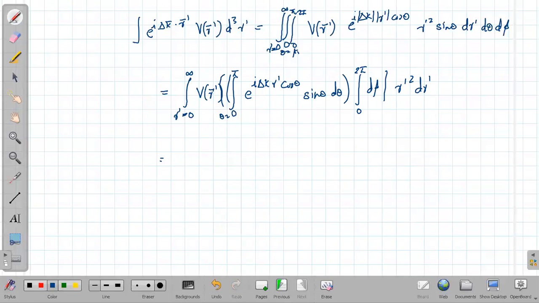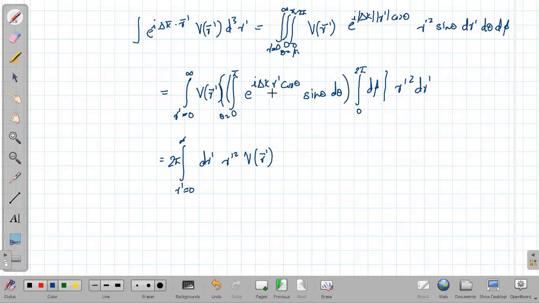Okay, so this can be written as integral from r prime 0 to infinity r prime square v of r prime, and better I will write a dr prime at the beginning. So dr prime r prime square v of r prime, then integral d phi, that would give 2 pi, can be taken outside.